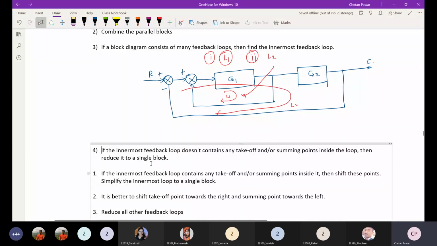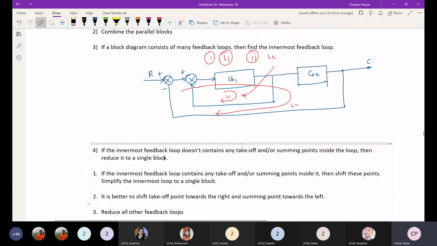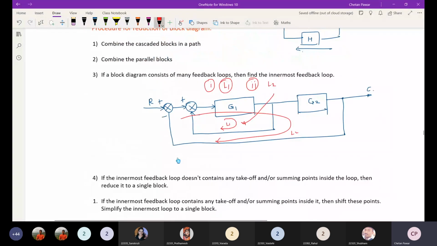The fourth point is, if the innermost feedback loop doesn't contain any takeoff or summing point inside the loop, then reduce it to a single block. Now, what this point is suggesting: if we consider this L1 loop, this L1 loop doesn't consist of any internal summing junctions.